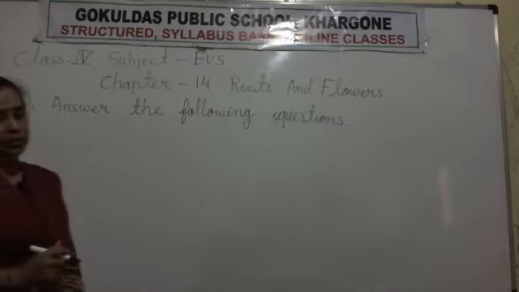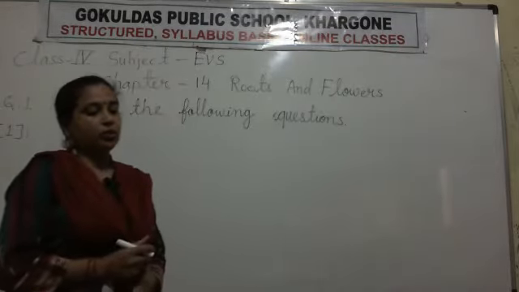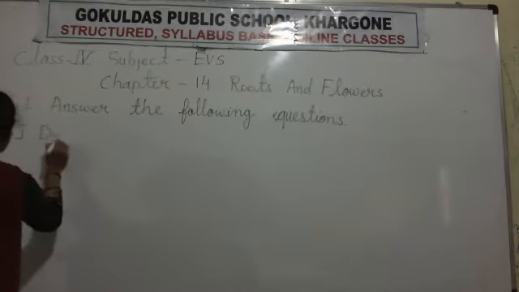What is given in the first number? First number is differentiate between the root and the shoot. Write the first question.